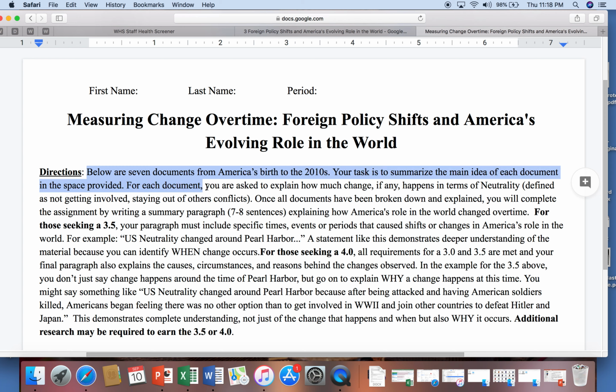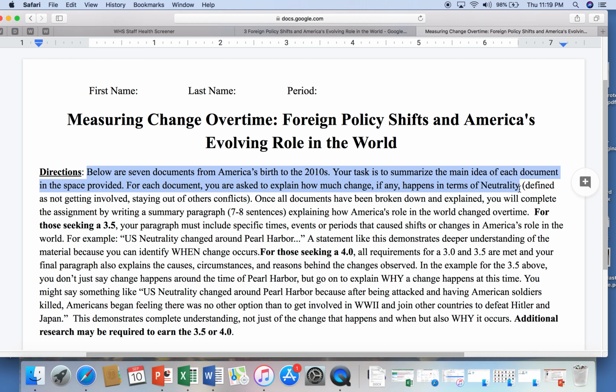For each document, you are asked to explain how much change, if any, happens in terms of neutrality, which we've defined as not getting involved, staying out of others' conflicts. Once all documents have been broken down and explained, you will complete the assignment by writing a summary paragraph of about 7 to 8 sentences, explaining how America's role in the world changed over time. This is where we're going to stop and come back to the 3.5 and the 4 later.